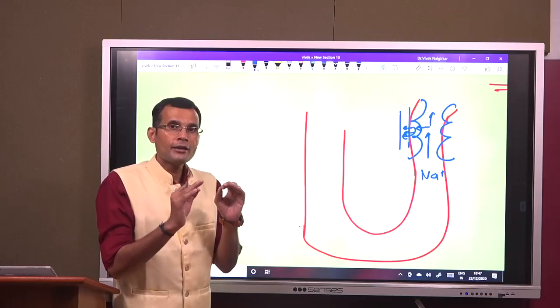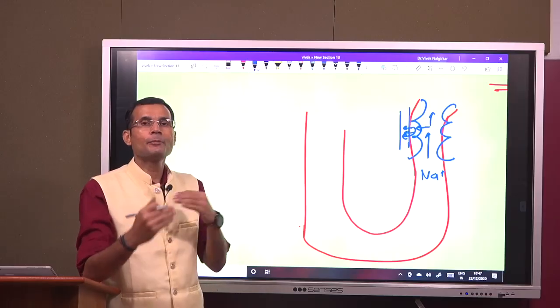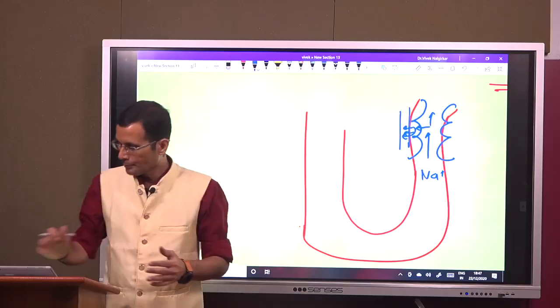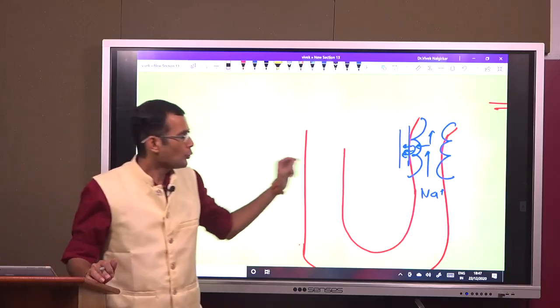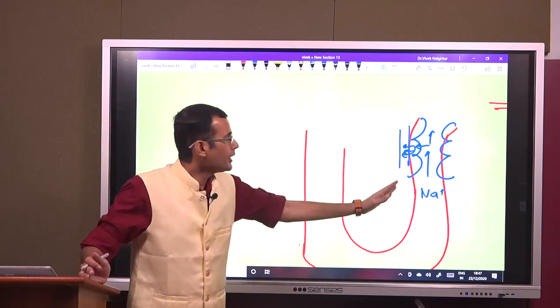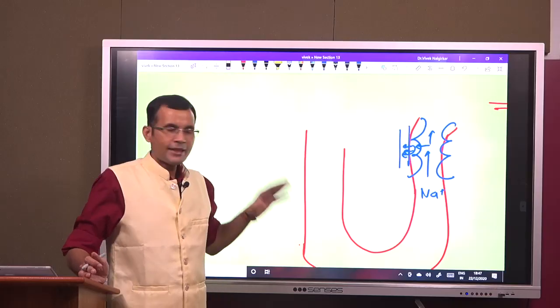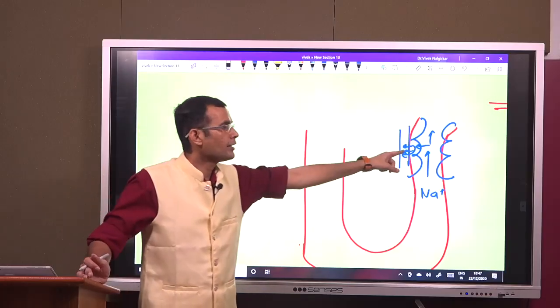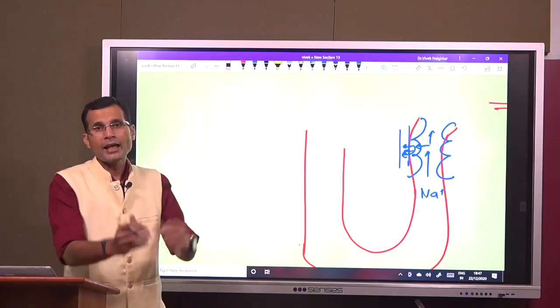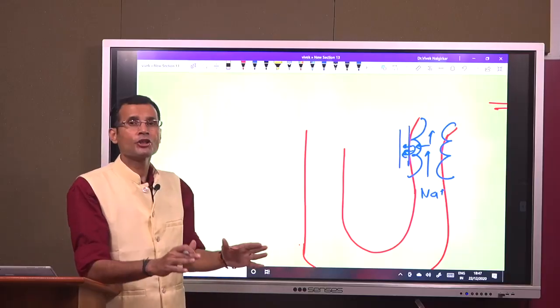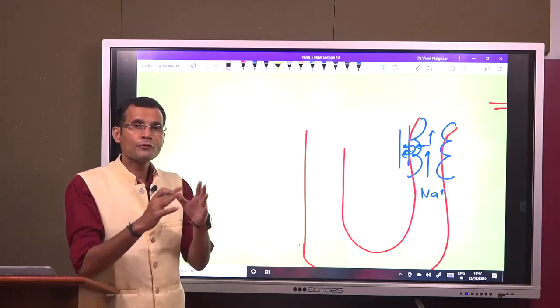Now we are looking at that tubuloglomerular feedback. How will it be initiated? When there is increased tubular sodium, it will be sensed by the macula densa cell. As we have already mentioned, that's the function of the macula densa, sensing of sodium.